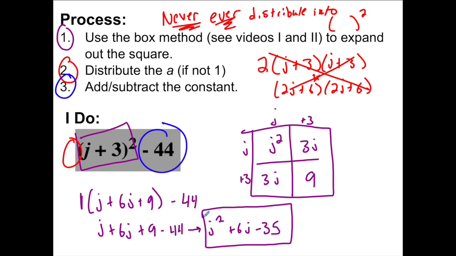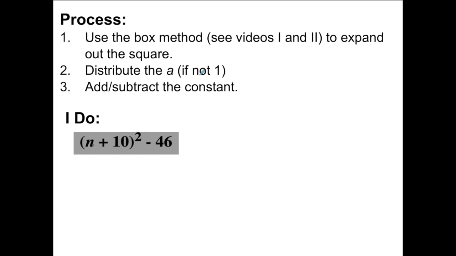All right, so please make sure you understood what I did there. Rewind if needed, and then in a moment I will move on. All right, so now here's another one for me to do. So first, box the square, multiply by an a if it's not 1, and then work with the constant. So let's go ahead, set up our box.